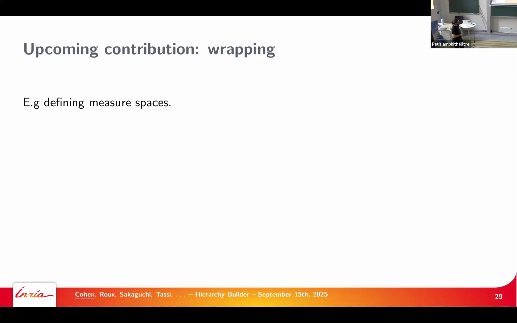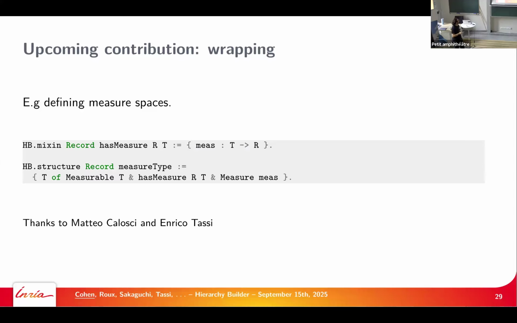So now imagine that I want to define measure spaces. I have the notion of measurable function. I have the notion of measure. I have the notion of measurable space, but I don't want to repeat everything. So what we will be able to do is the following.